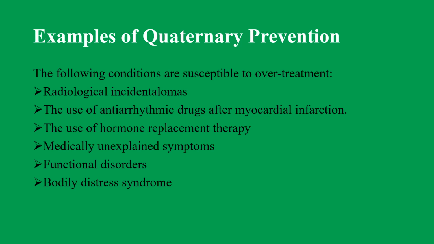Then the use of hormone replacement therapy that leads to an increase in the number of cases of maybe cancer of the breast or even stroke. In some cases you end up having blood clots in the blood vessels at some point.